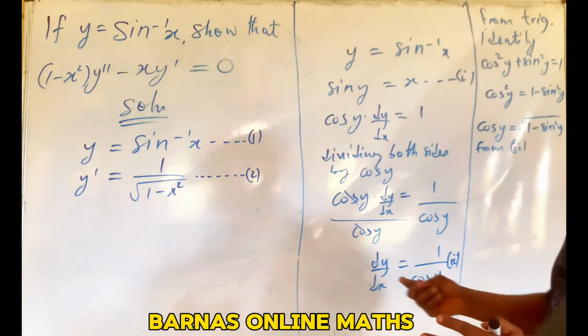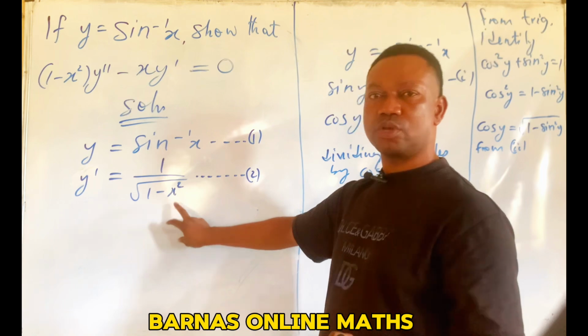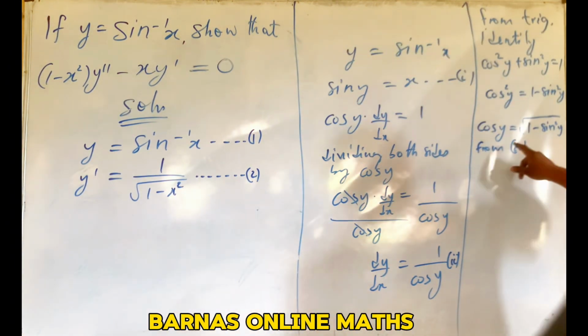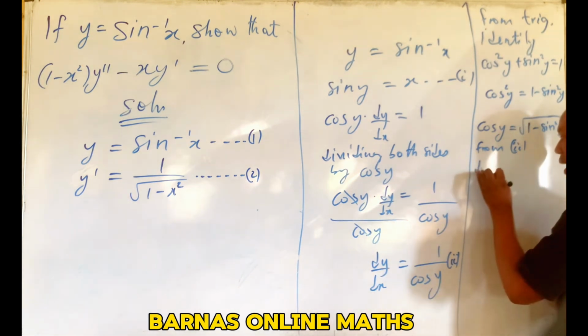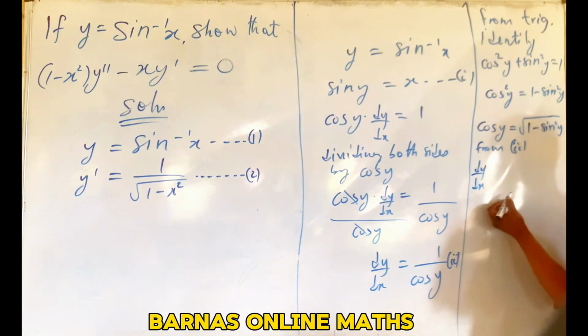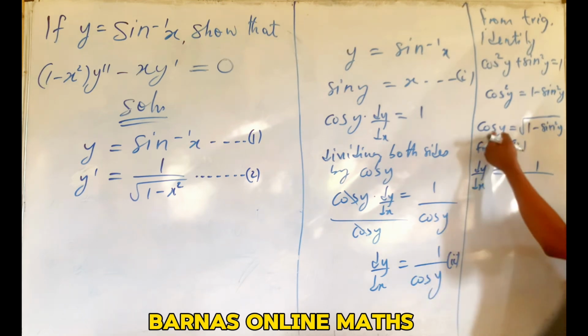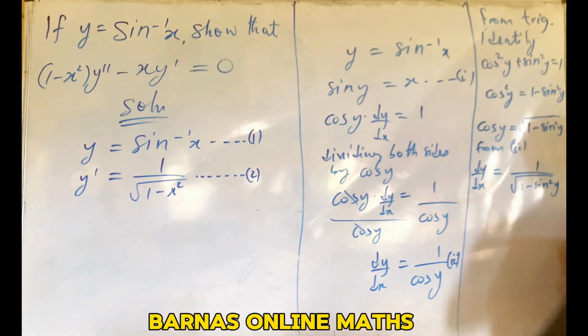Now from equation II, we have that dy/dx equals 1 all upon, instead of cos y, which we have found to be the square root of 1 minus sin squared y.